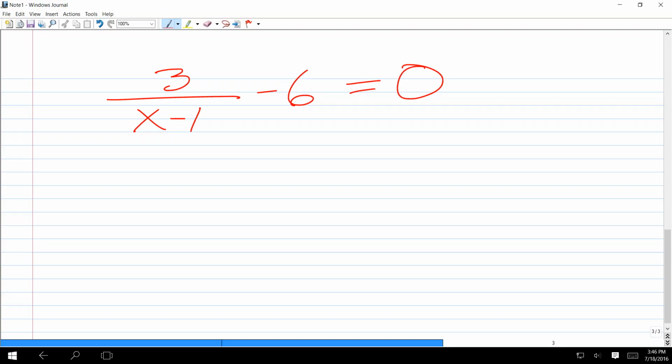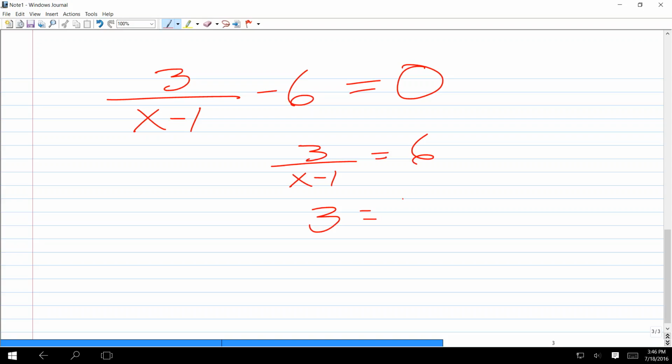So, add the 6. Okay, so read me the next line. 3 over x minus 1 equals 6. Okay, and the next line. Multiply the x minus 1 by both sides. Okay.